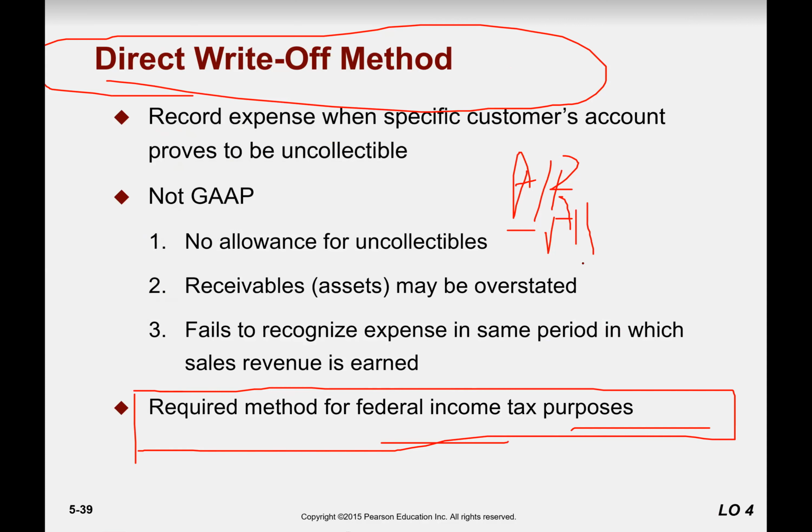Why is that? Because if you subtract the allowance, the entry would be expense to allowance, and this expense will go to the income statement, sales minus expense, and it will decrease the income.